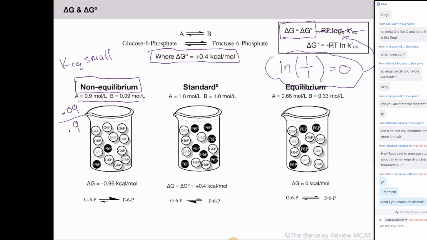So you're going to get a very small number, and it's going to be small enough that your overall delta G is actually going to be negative. So you're going to get this going in the forward direction. Does that make sense?